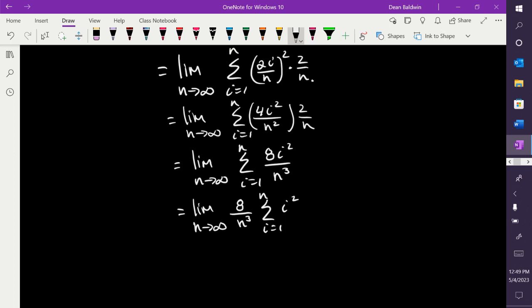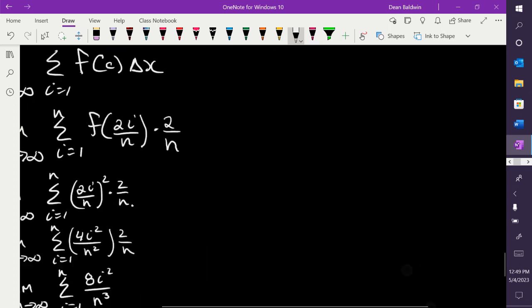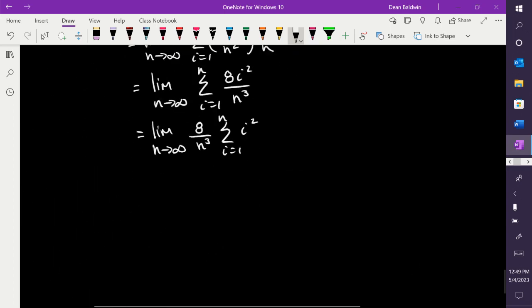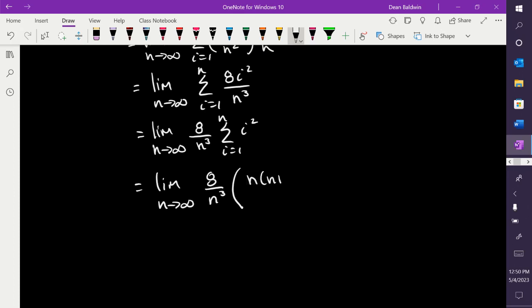Okay, what is the formula for the sum of i squared? It's over 6. Yes. So we get the limit, bracket, the sum of i squared is n times n plus 1 times 2n plus 1 over 6.